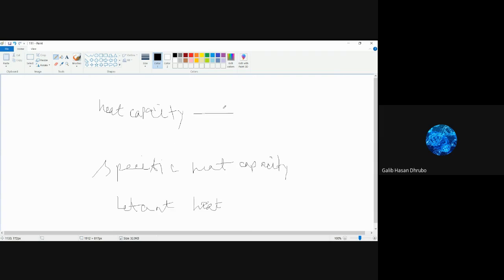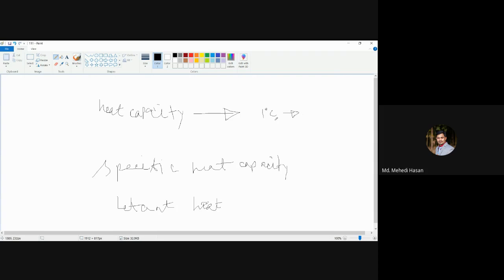First is heat capacity. So if we try to increase the temperature of any object with any mass by 1 degree, either 1 degree Celsius, 1 degree Kelvin, or 1 degree Fahrenheit, so one unit of the temperature, then we need to apply some heat energy.